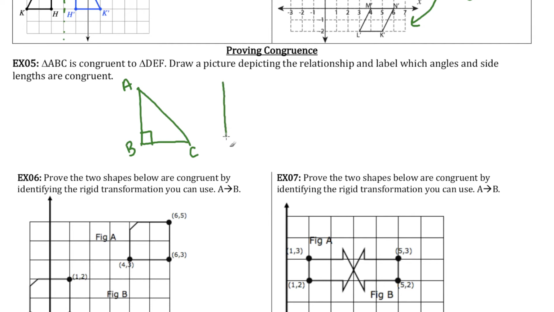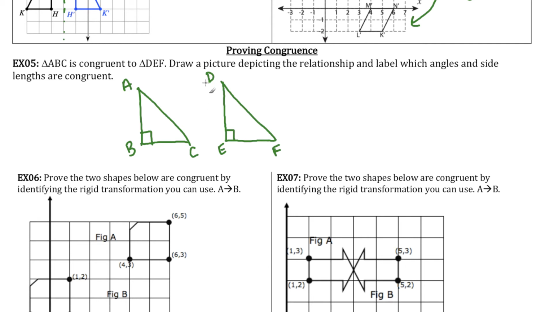So I'm going to try to draw the exact same size. So D, E, F. And I'm going to make this one a right triangle also. They're trying to be congruent. It's the best I could do right now.